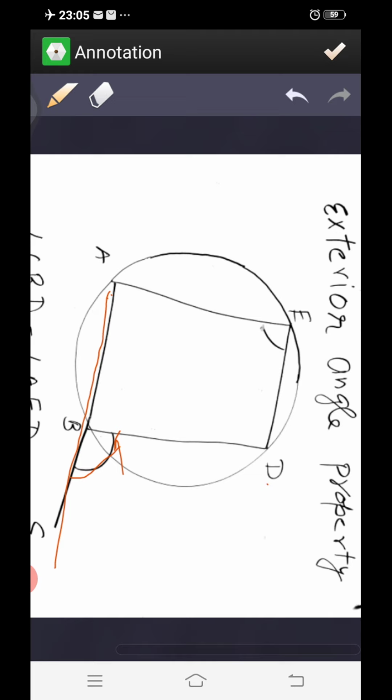This exterior angle will be equal to the opposite interior angle. This E vertex is opposite to vertex B.